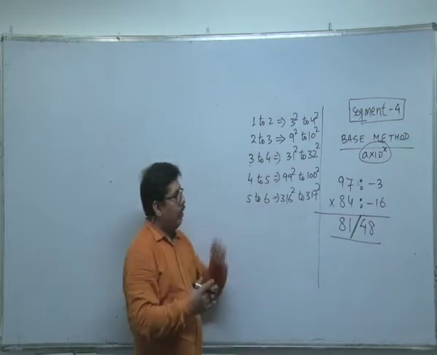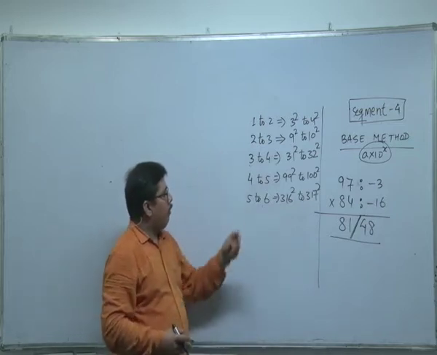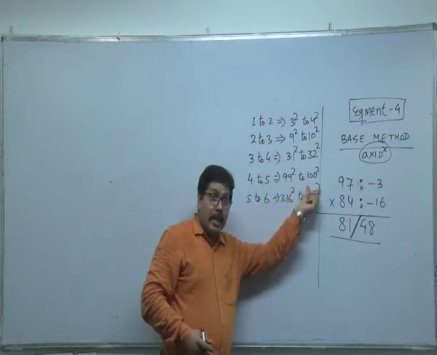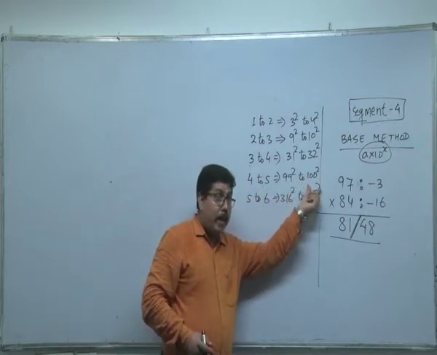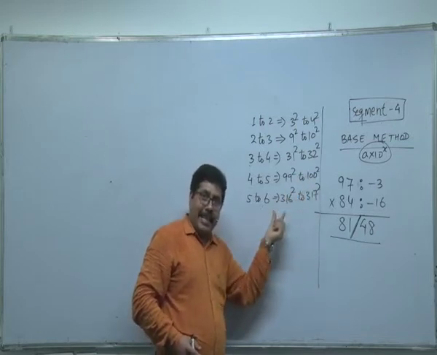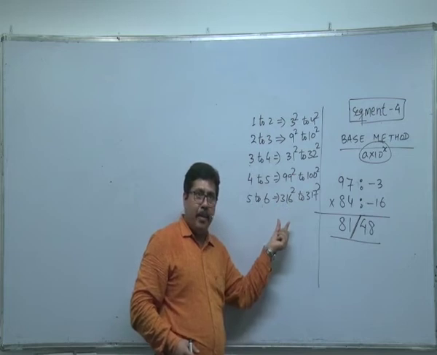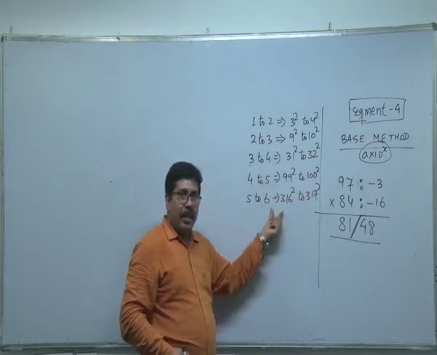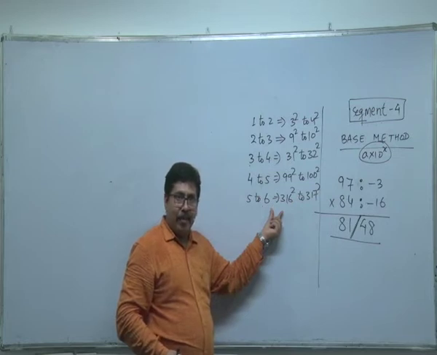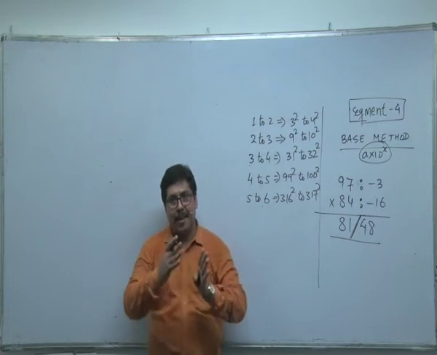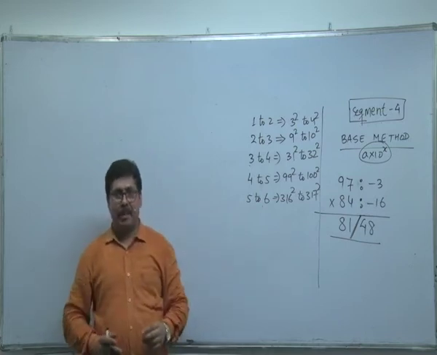So look at the values. 5-digit perfect square numbers start from 100 square, so from 100 square till 316 square, the number of digits is 5. So how many such natural numbers are possible? 100 square to 316 square.